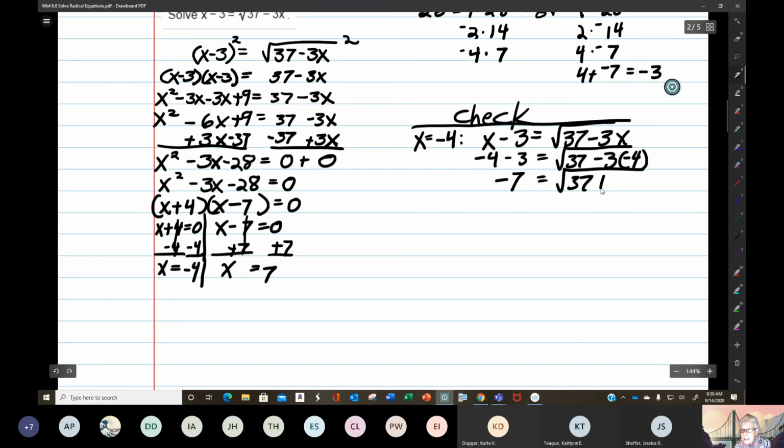Now negative 7 equals the square root of 49, and the square root of 49 is positive 7. So you've got negative 7 equals positive 7, which is false. It's not true.